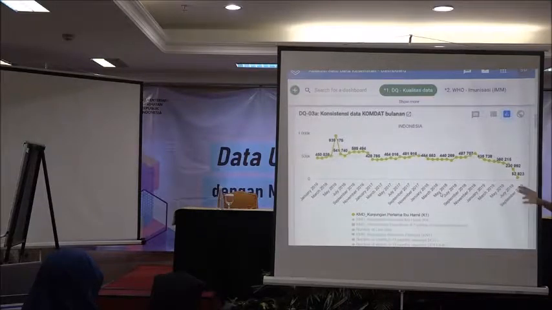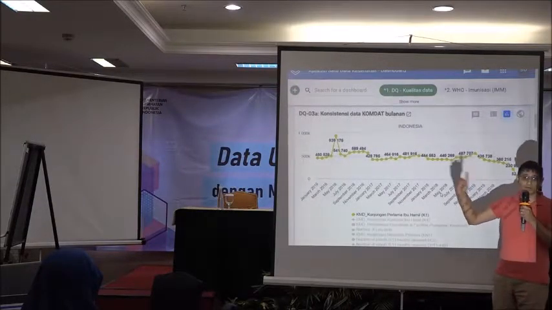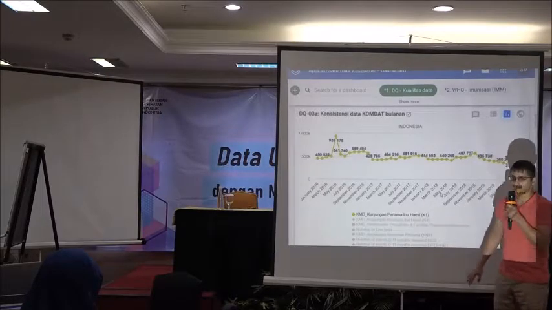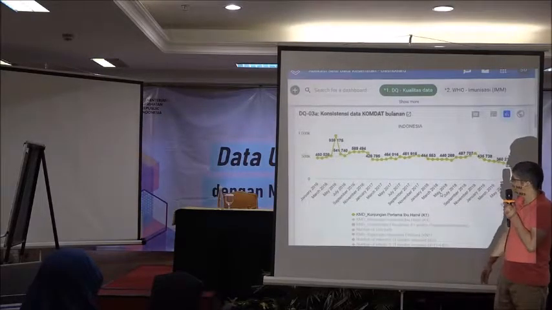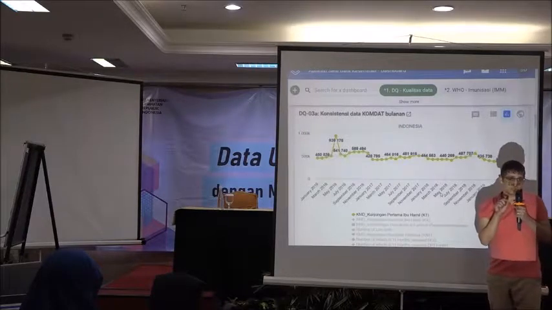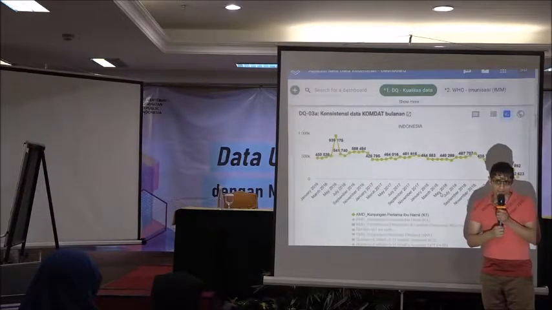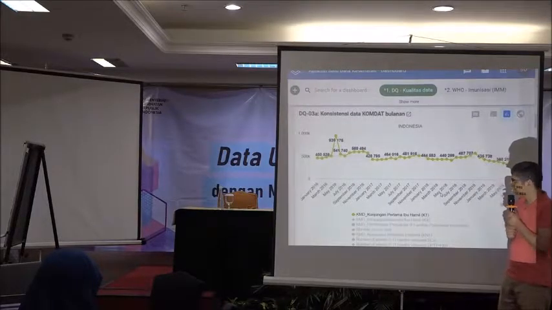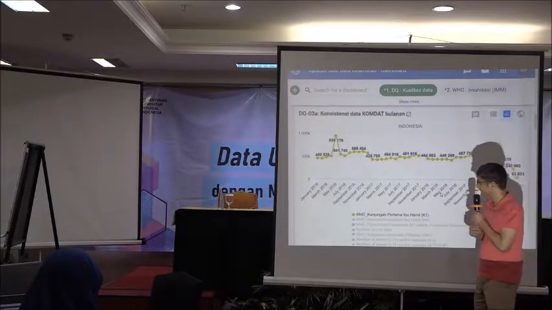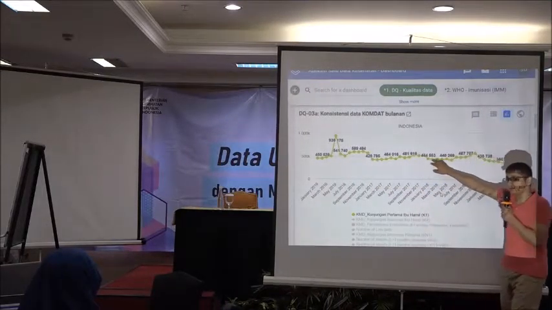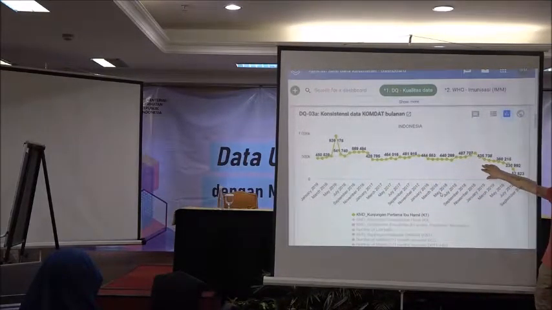So when I say that, I'm only talking about one indicator. This is K1. And what we're going to look at first is the month to month or period to period consistency. What we're looking at is the values and how they change over time.